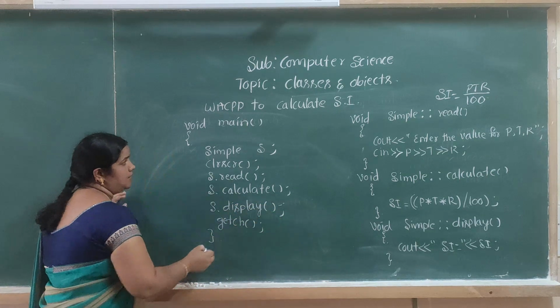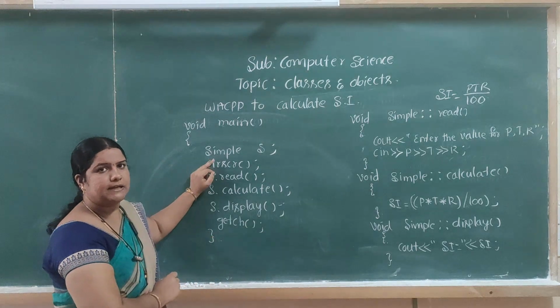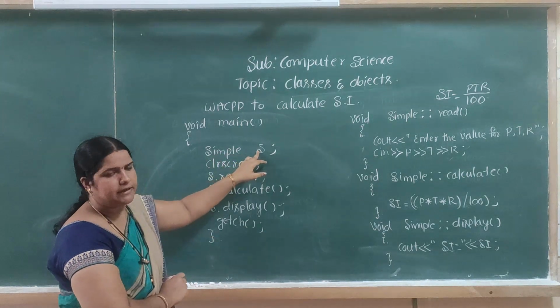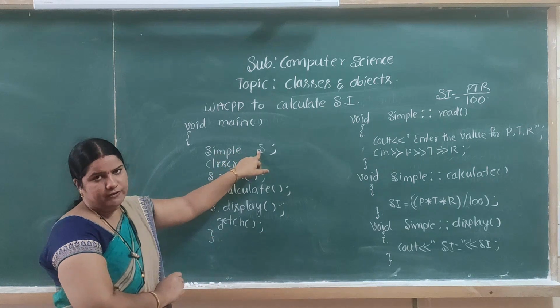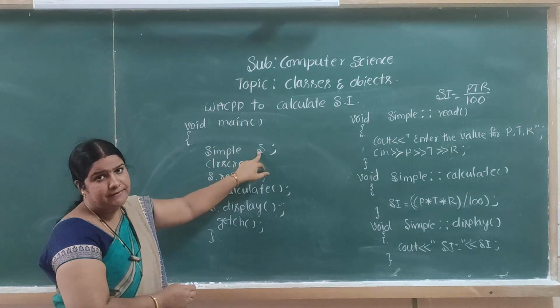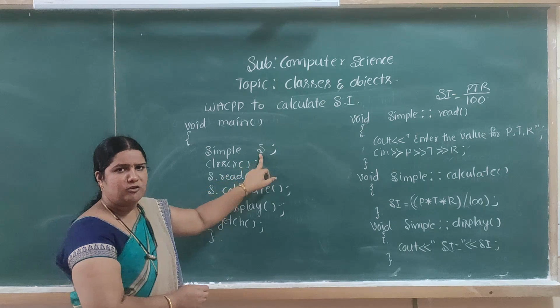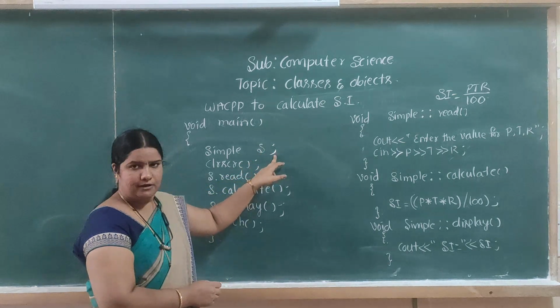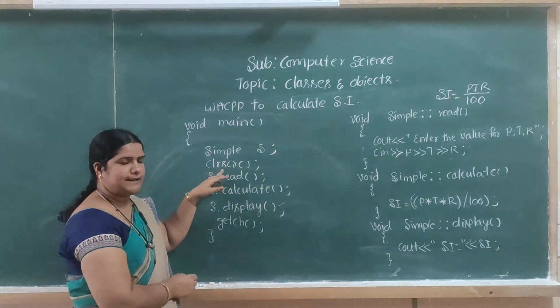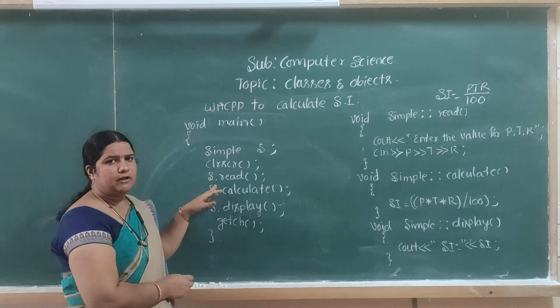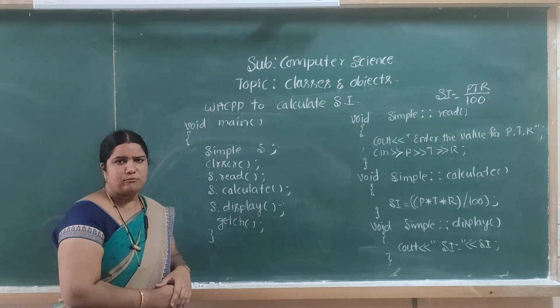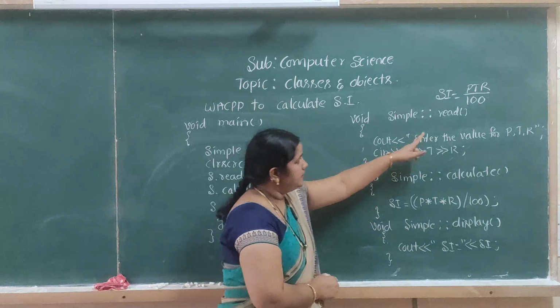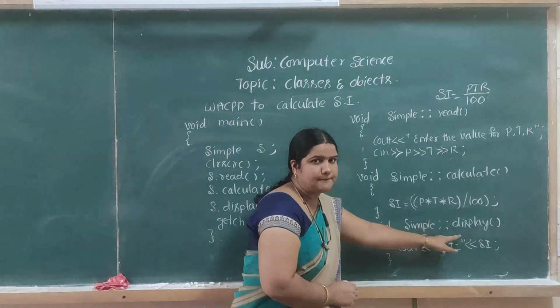First we write the class name, then any variable, which is the object. Finally, terminate with a semicolon. Next, clear screen. This program contains three member functions: read, calculate and display.